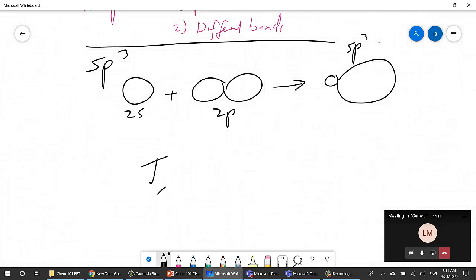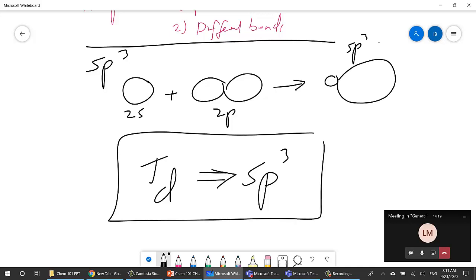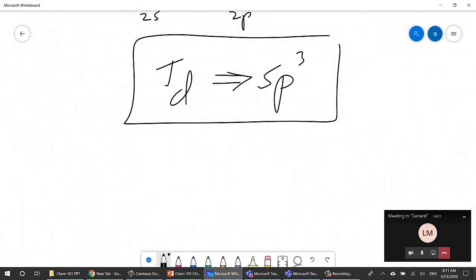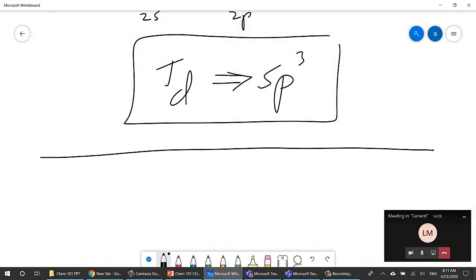Any tetrahedral structure or any tetrahedral electronic configuration should have sp3 orbital configuration. So that's not only for methane. Anything that is tetrahedral. Remember that water itself is tetrahedral. The shape is bent, but the arrangement of electron pairs is tetrahedral, right?